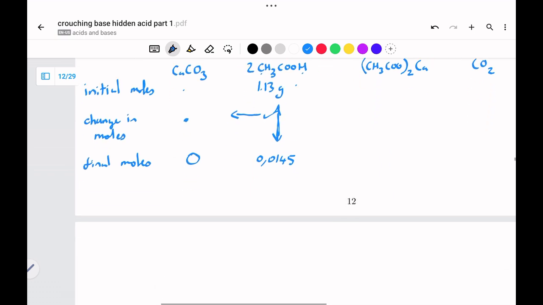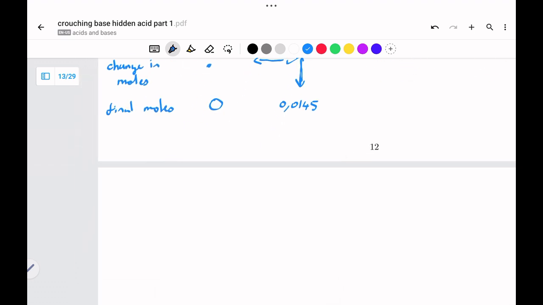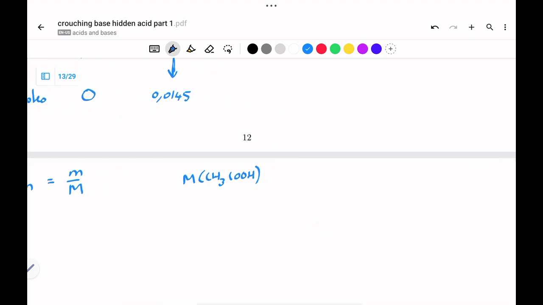Okay, so how I need to proceed is simple. I need to use this formula to find the moles of ethanoic acid. So let's calculate the molar mass of ethanoic acid. It is 12 for the one carbon.